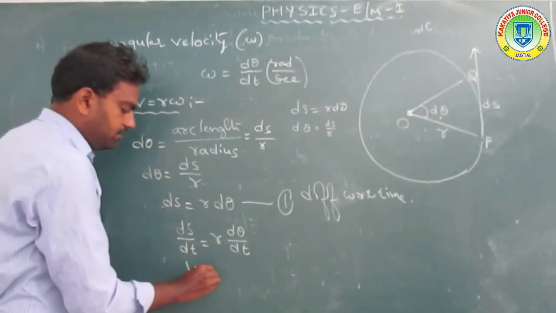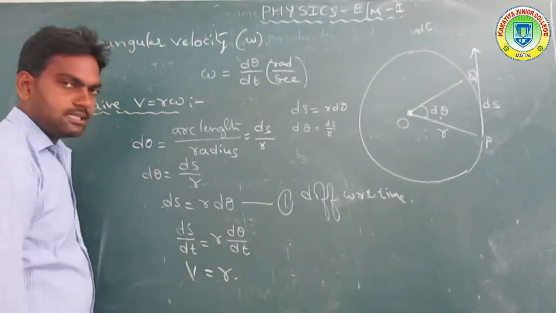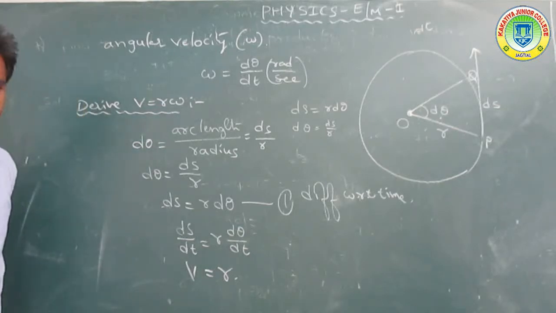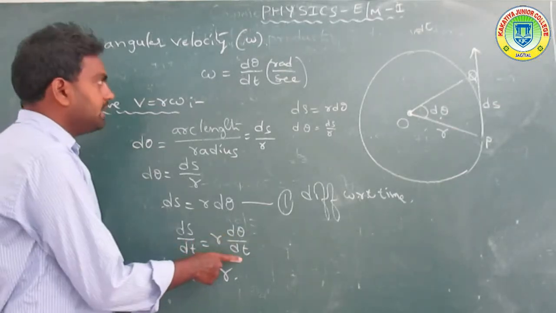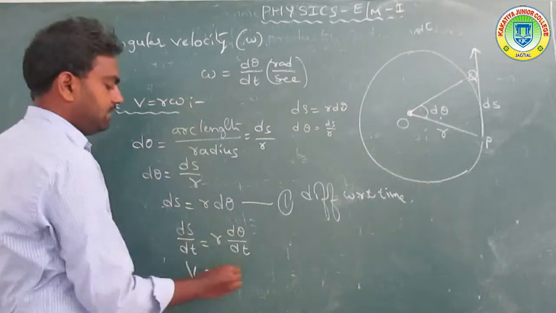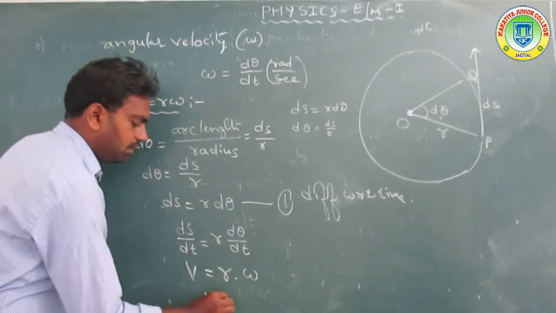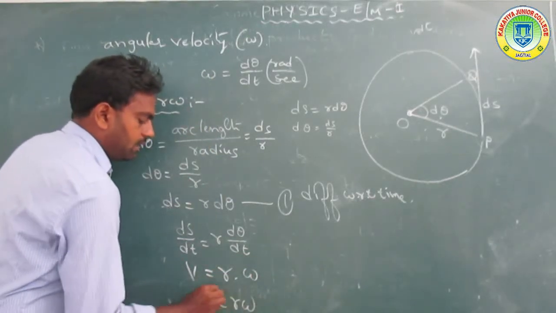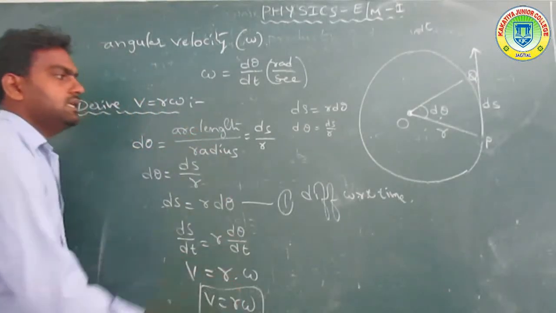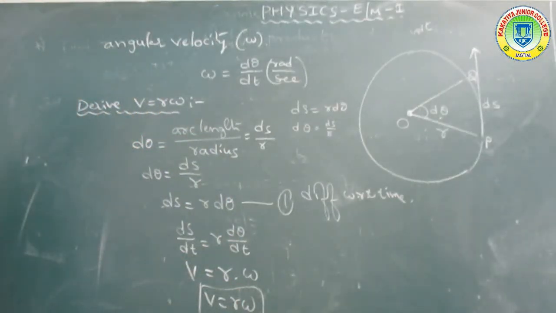So velocity v is equal to r, which is constant because it is the radius, times dθ by dt. And dθ by dt we can write as omega. So v is equal to r omega. Got it? v is equal to r omega.